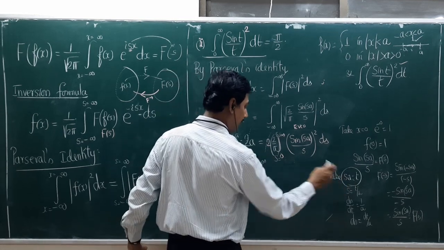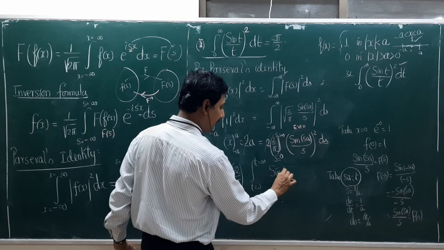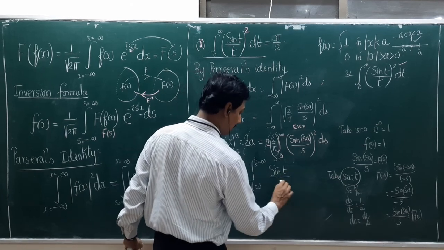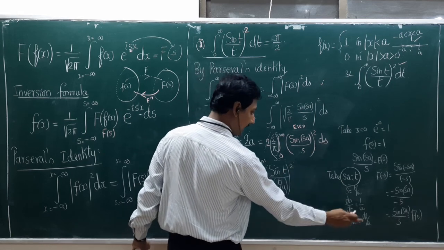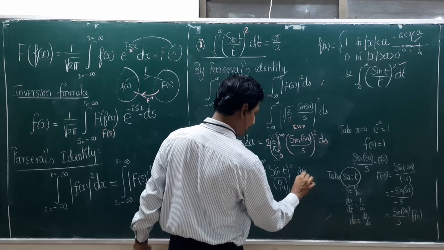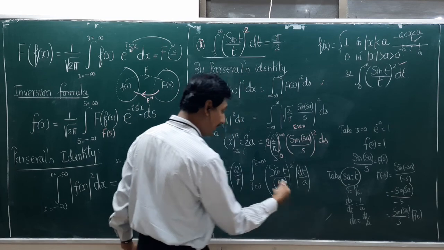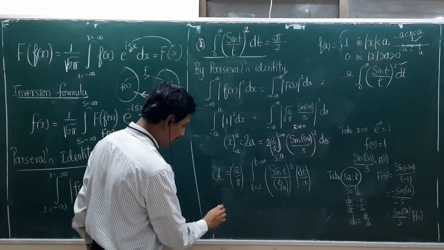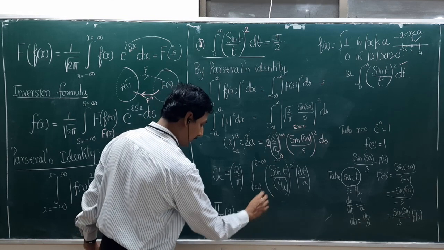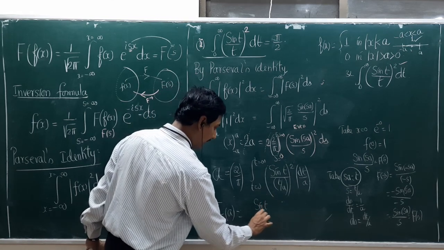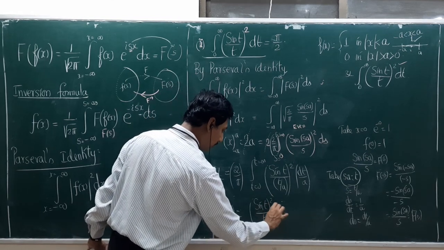What about s? s is equal to t by a, whole square. What about ds? ds is equal to dt by a. Can I simplify that? We get pi by 2, a in the left hand side. So here I can fix (sin t by t) whole square dt.